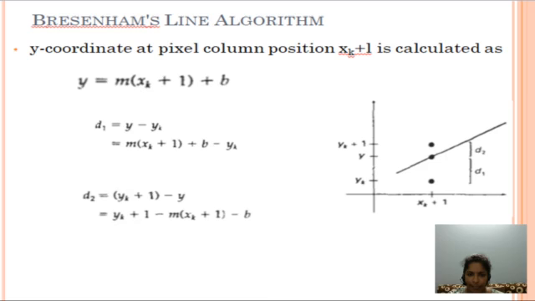Then b minus minus b, so 2b, minus yk minus yk, 2yk, minus 1. So that will be d1 - d2. So d1 - d2 = 2m(xk+1) - 2yk + 2b - 1.